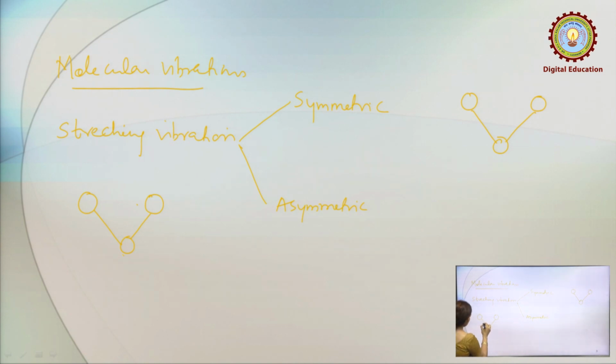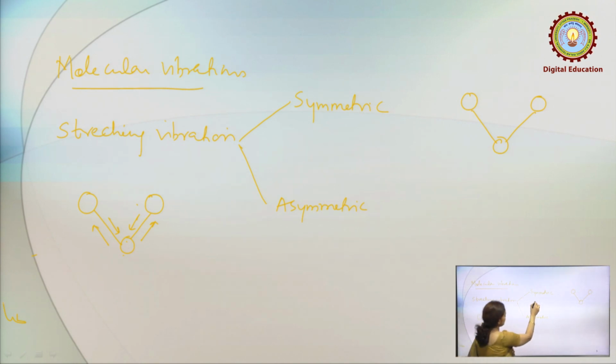In case of stretching vibrations, either both atoms move away from the central atom or they come closer to the central atom. It means either it stretches or it compresses, just like a spring. In this case, you have learned that bond length changes, but bond angle remains the same.